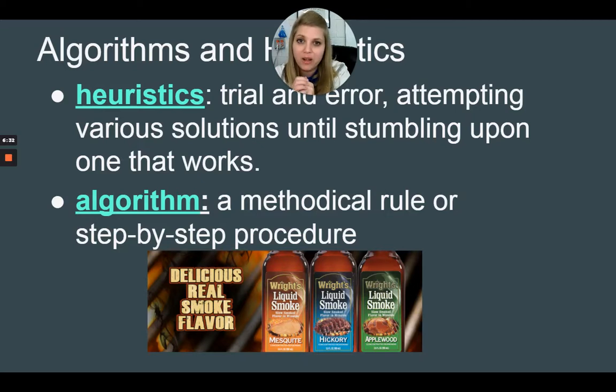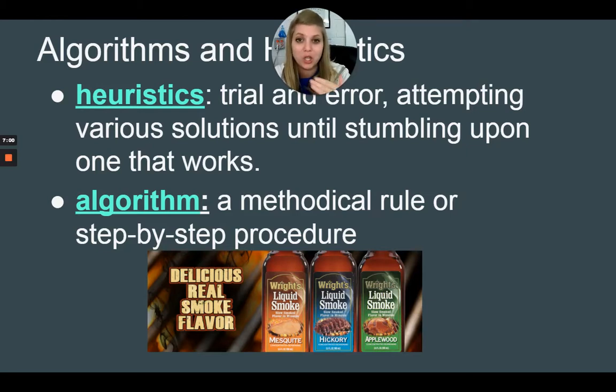The kicker with an algorithm is that every single possibility is tried, because algorithms guarantee that I will find the right answer, or whatever the solution is that I'm looking for, because every single possibility is tried. Now, algorithms take a really long time to do.